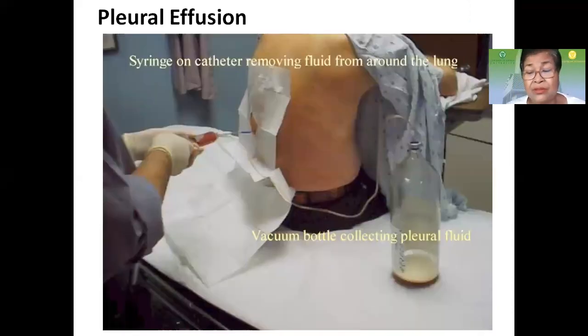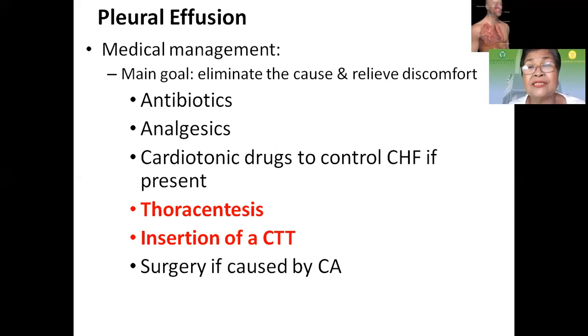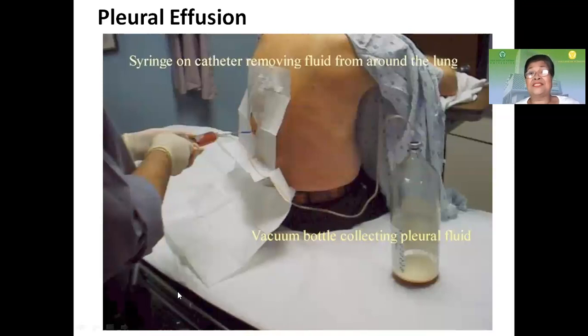Ng respiratory specialist, the pulmonologist, and the nephrologist. Okay? Or baka kinakailangan ng CTT, chest tube thoracostomy, or it can be called closed tube thoracostomy. Okay? If it is secondary to chest trauma na nagkaroon ng hemothorax. Okay? So, this is the concept.